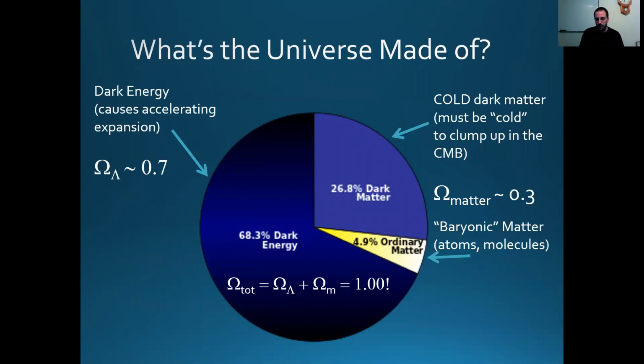Here's our little pie chart. So it turns out that ordinary matter, or baryonic matter, which is the fancy $2 term, the term baryon means particles like protons and neutrons. So again, this is atoms, molecules, the periodic table, protons, neutrons, electrons, all that great stuff. Turns out to only comprise about 5% of the universe's mass.